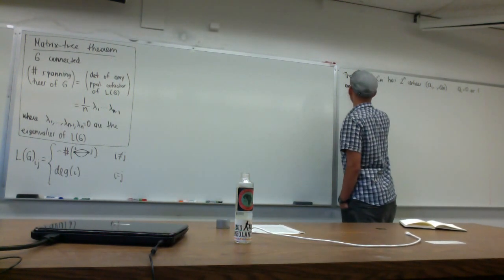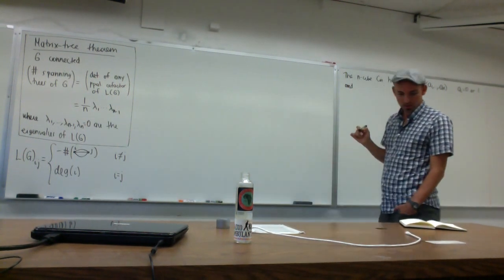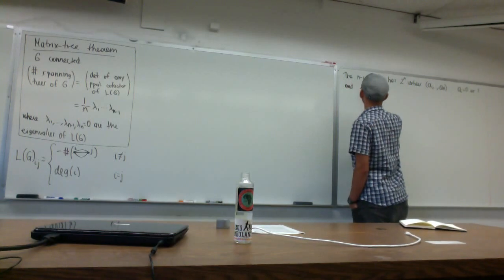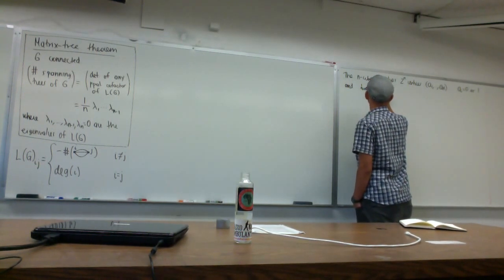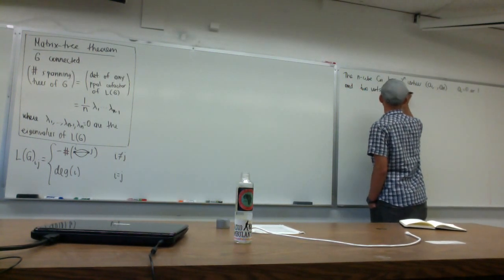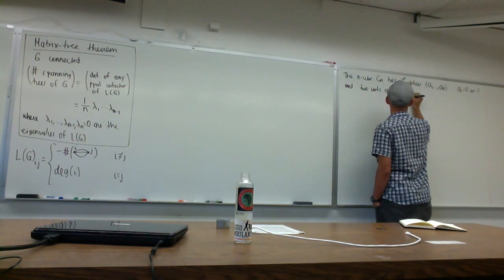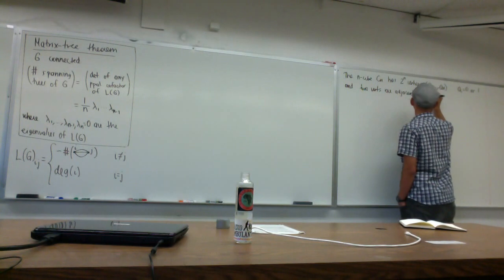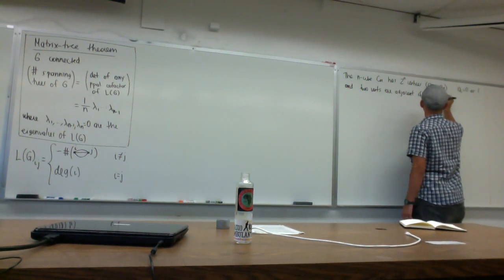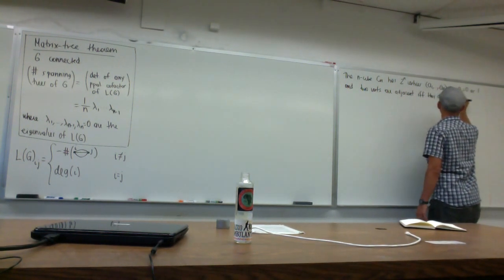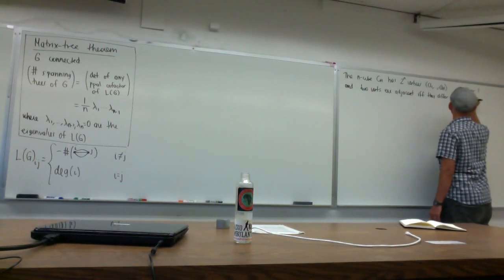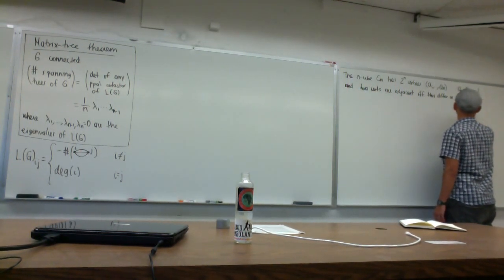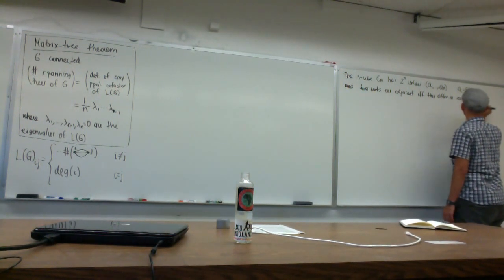And two vertices are adjacent if and only if they differ in exactly one coordinate.